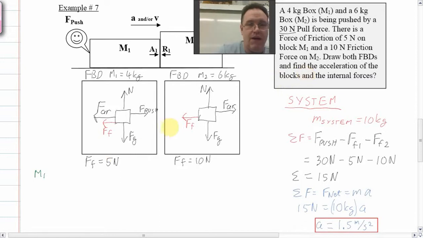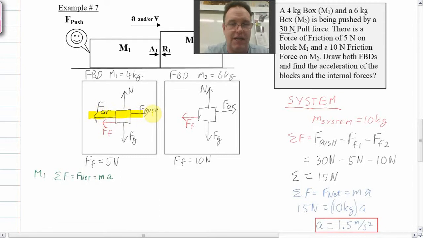For M1, the sum of the forces equals F net, which equals M1 times A. Looking at the direction, it's the push minus the FAR minus the force of friction on this block.